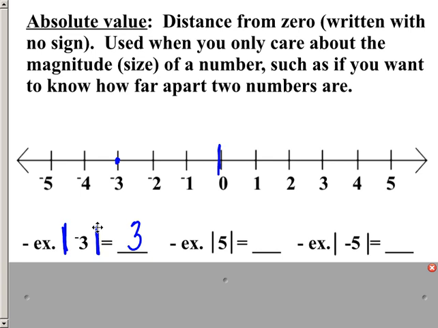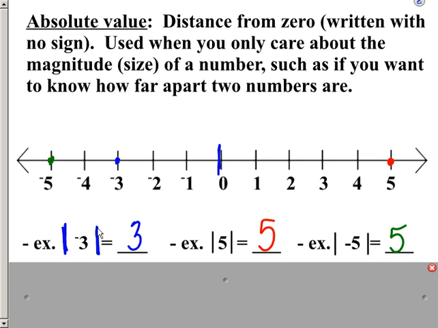Now, for the absolute value of 5, here's 5. How far is 5 away from 0? It's 5 away from 0. Now the absolute value of -5, here's -5. How far is -5 away from 0? It is also 5 away from 0.